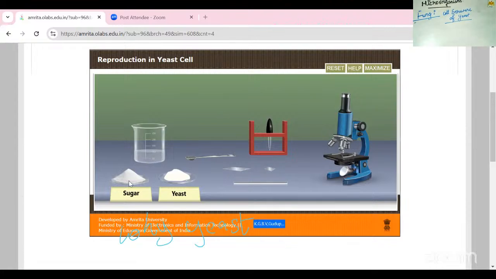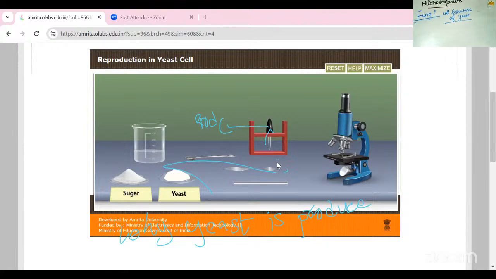This is a beaker. One bowl contains the sugar, another bowl contains yeast. This is a spatula, slide, rod and dropper. With the help of these instruments, I'm going to explain the reproduction of yeast cells.